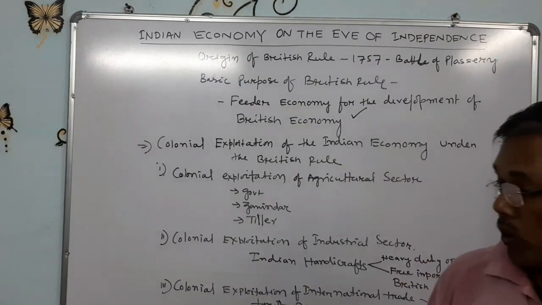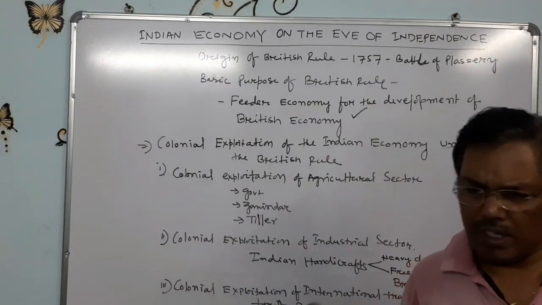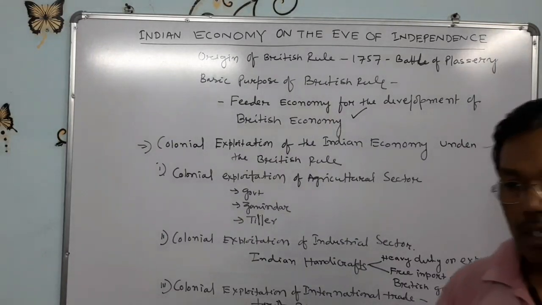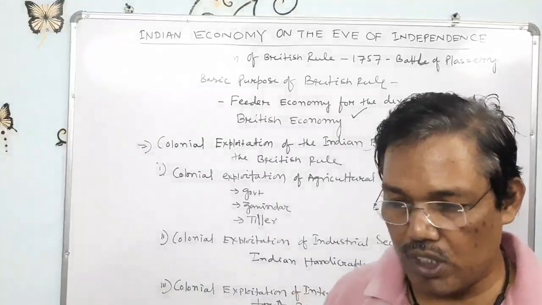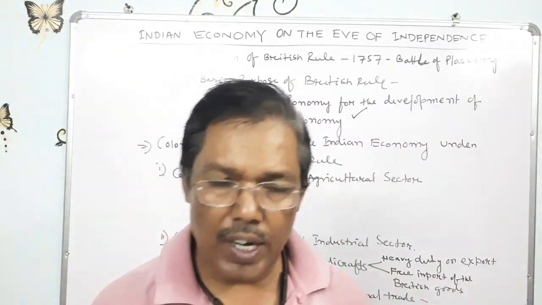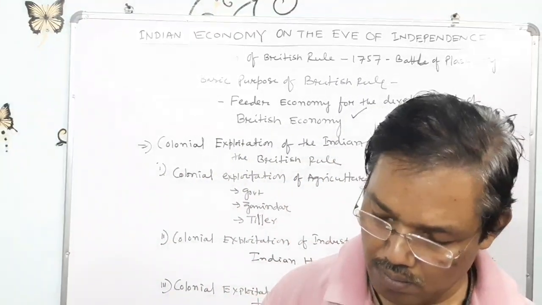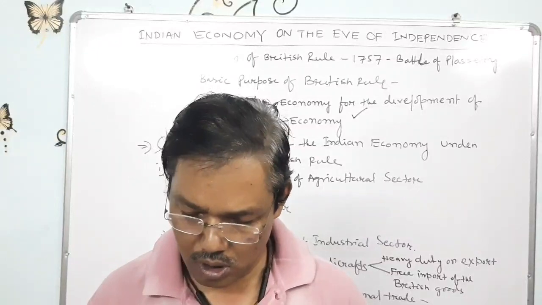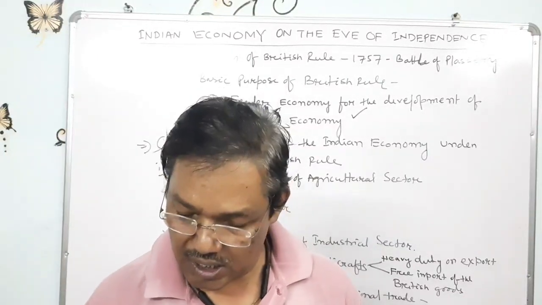It means we will give all kinds of resources, whatever they require. By taking our human resources, physical resources, all these resources, they will develop their own country. So that was the basic purpose of the British.